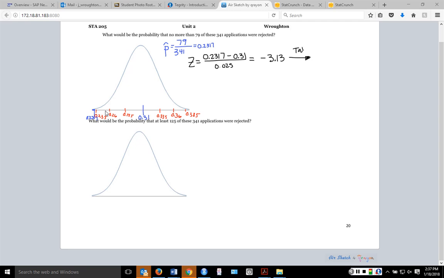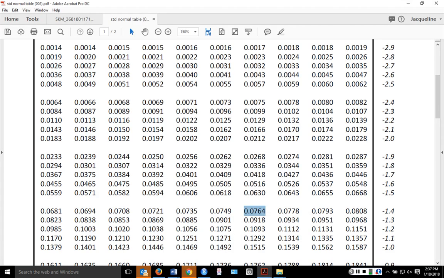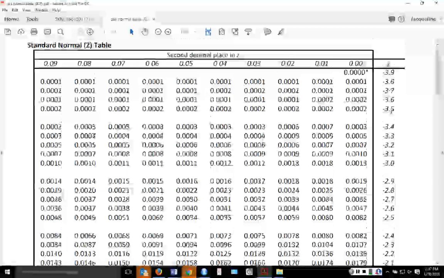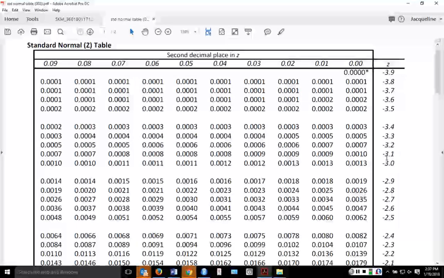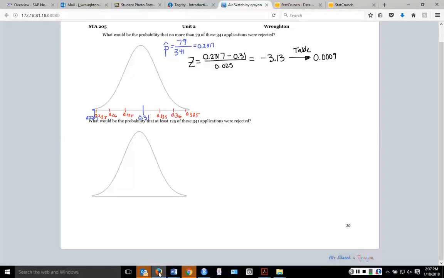Next we take that value to the table. A negative 3.13 would get me 0.0009. And that actually is our probability, since we are shaded to the left and the table is also shaded to the left.